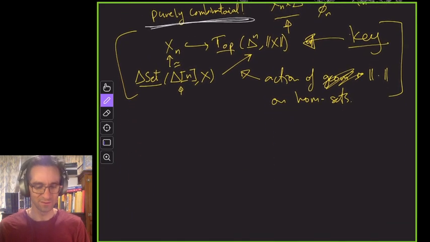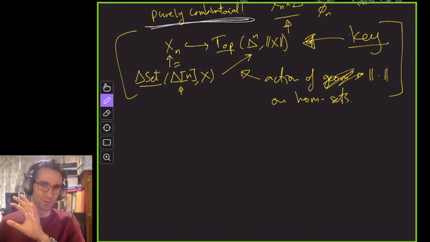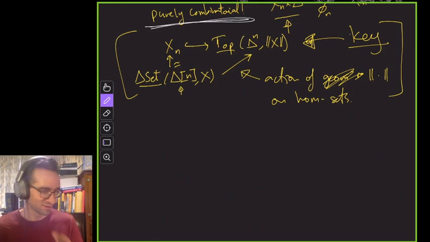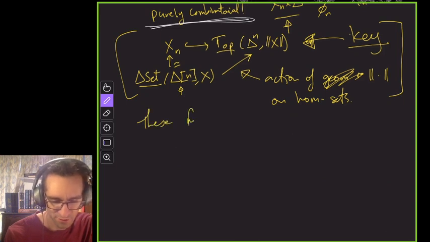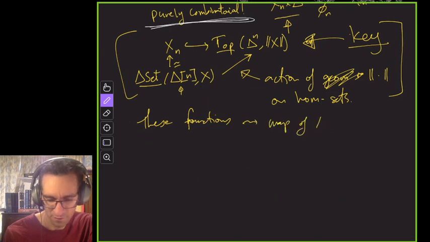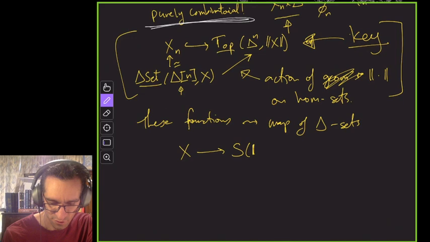But yeah, the fact that Xn, big Xn, gives a subset of all the actual topological simplices inside its geometric realization is key. Because what I can do, so even better, these maps, these functions, give a map of delta sets from X to, well, it was this S construction.